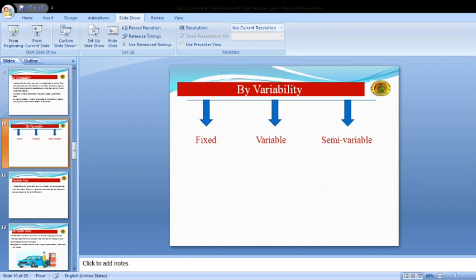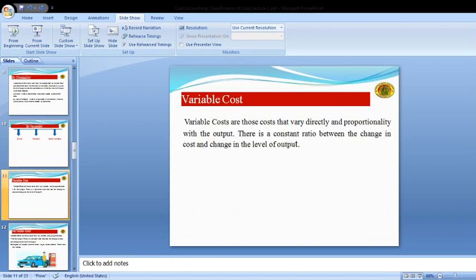As the name suggests, variable costs are those costs which change or vary. Here when we say vary, what we are thinking of is variation as per level of output. The more the usage or the more the production, that cost goes up in a linear proportion. That is called a variable cost.